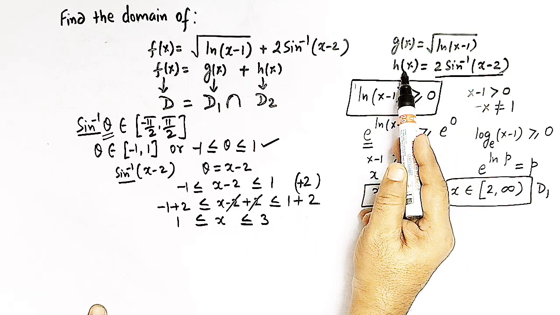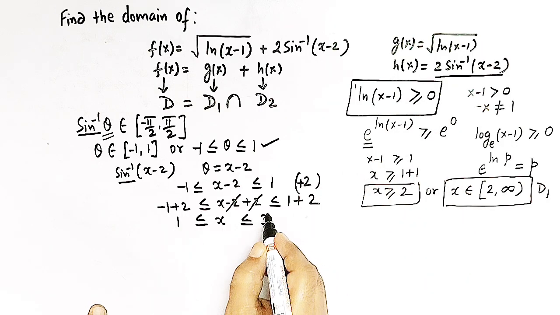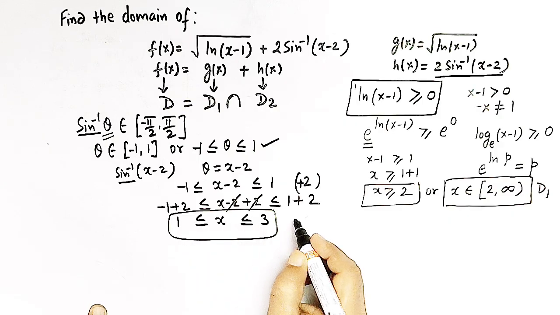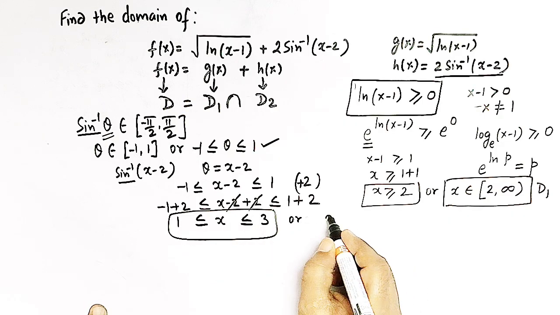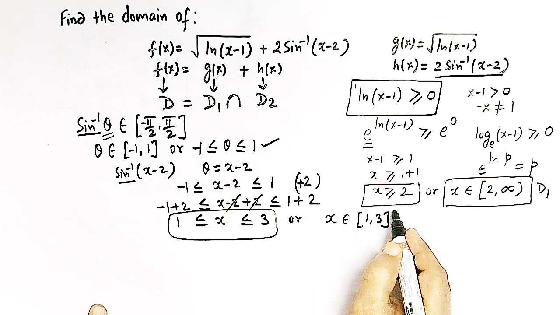So the domain of this function h of x is given by this inequality: x is greater than or equal to 1, less than or equal to 3, or we can also write x belonging to the interval 1 to 3, right?